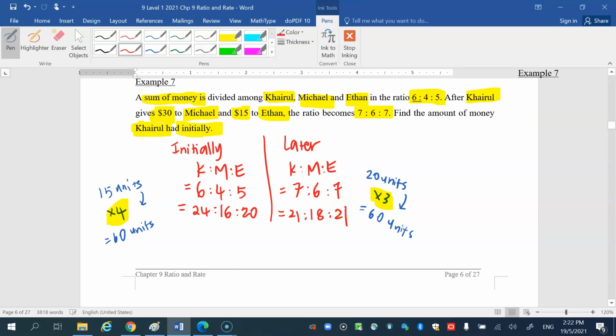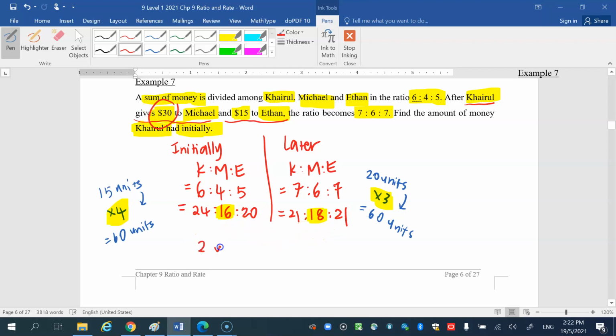Now we look at the number of units that has been given away to other people. The question says that Khairul actually gave $30 to Michael and $15 to Ethan. So Michael actually had 16 units at first, but after he got some money from Khairul, it became 18 units. So that 2 units is actually the $30, because Michael had an increase of $30.